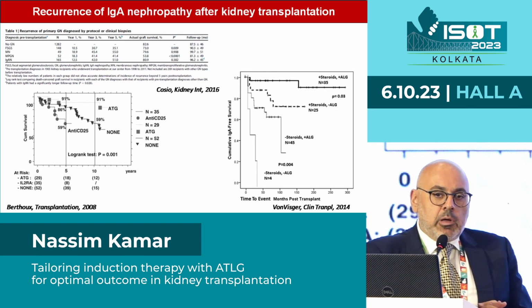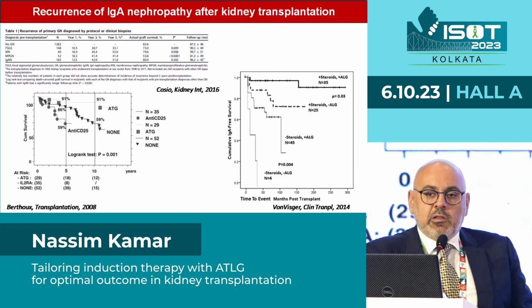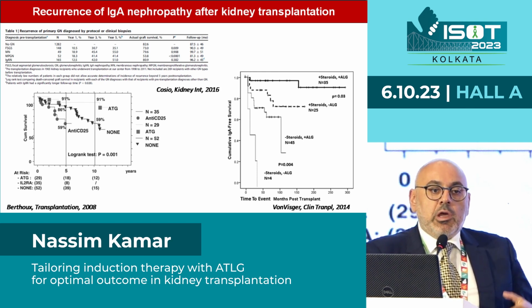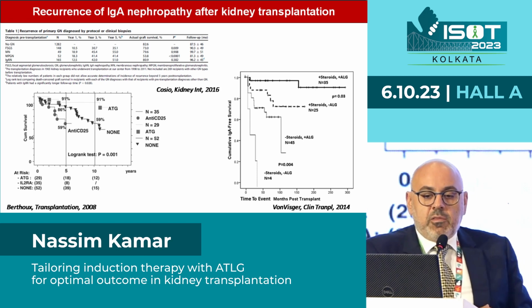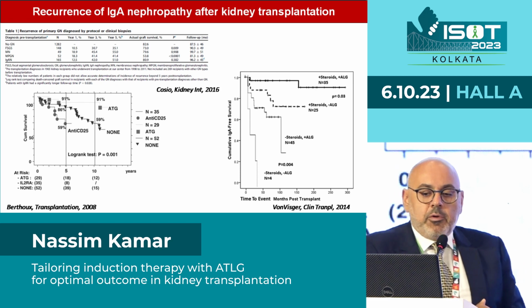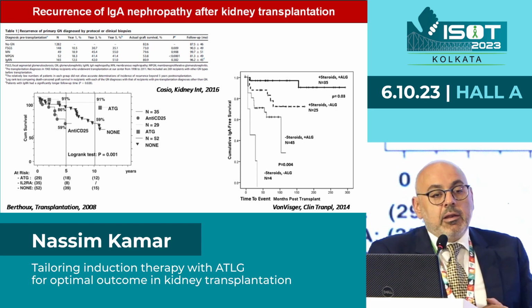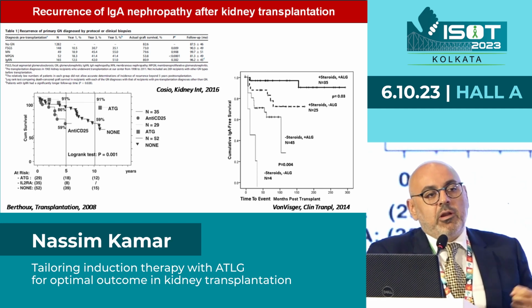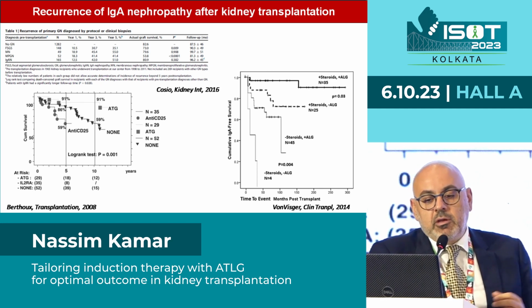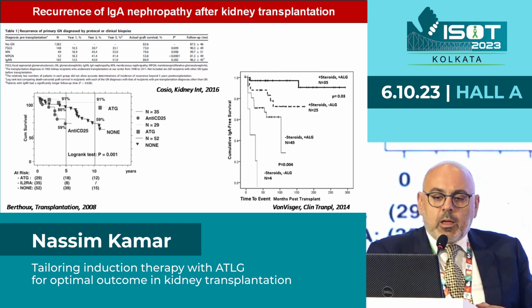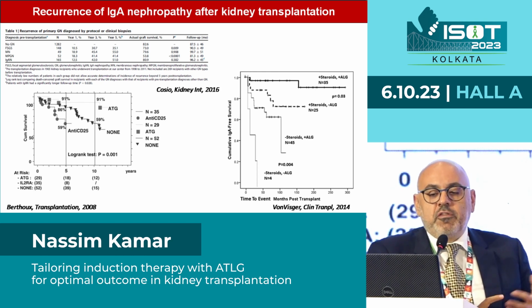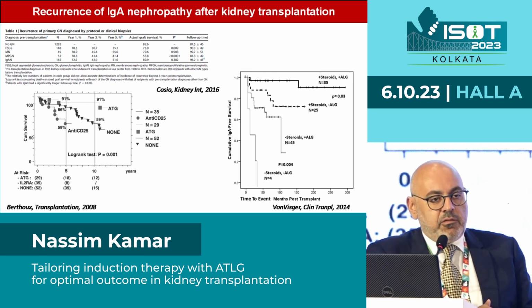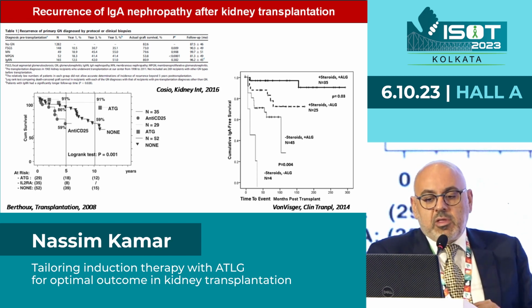What about the effect of polyclonal antibodies to avoid the recurrence of the initial glomerulopathy? You can see that most primary glomerulonephritis can recur after transplantation. And if we focus on the most prevalent one, which is IgA nephropathy, the recurrence can occur in up to 50% of patients at 5 years, and it's around 30% at 2 or 3 years.